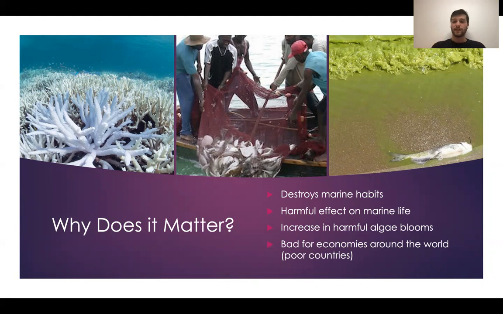There were studies that show that their ears, their hearing mechanism, develop larger than usual, so they're not able to hear some of the sound waves that other fish would be able to hear. This makes it easier for predators to catch and eat them, and makes the supply lower. Fishermen can't catch them as readily.